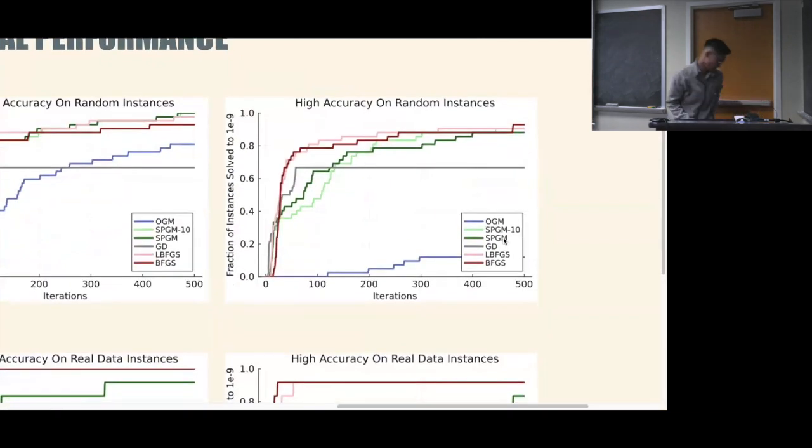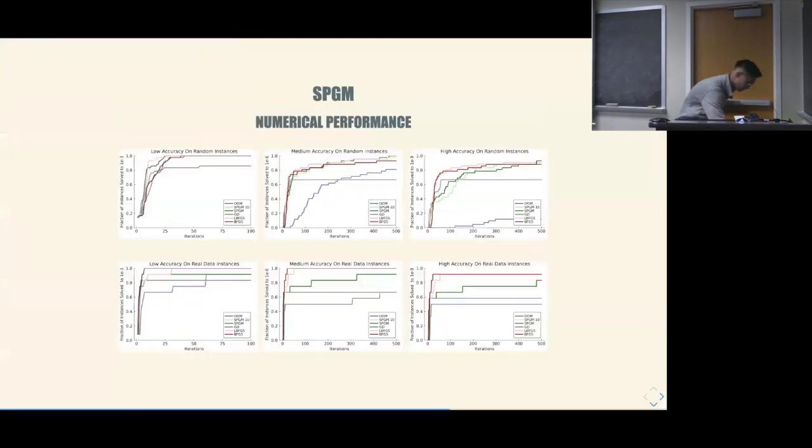I think gradient descent will frequently outperform it. This one here is gradient descent, and this one here is OGM. OGM does pretty badly on these instances.